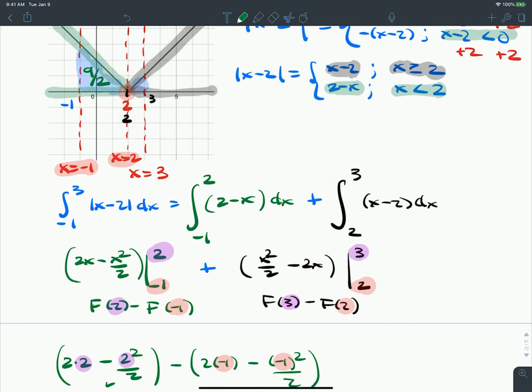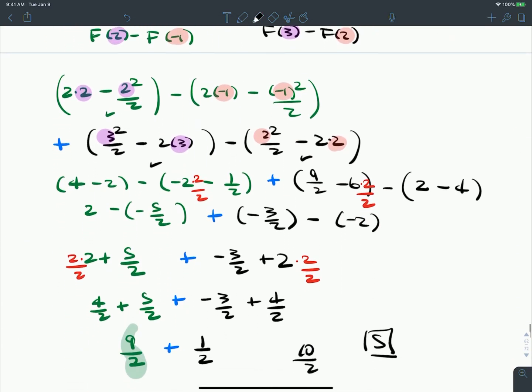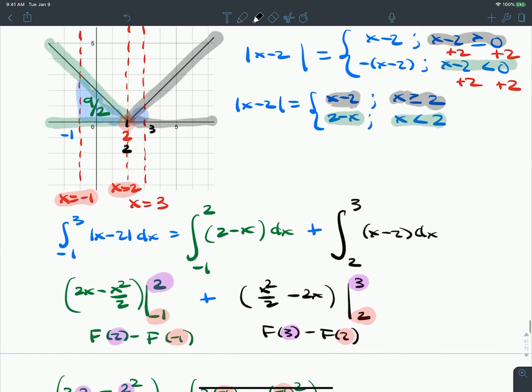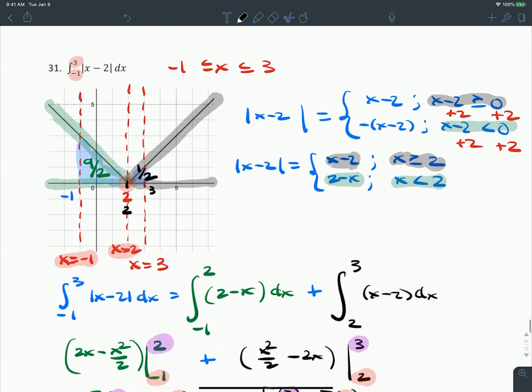This is 9/2. One half. This portion's 1/2. So 9/2 plus 1/2 is 10/2, better known as 5. So this is how we integrate a piecewise function.